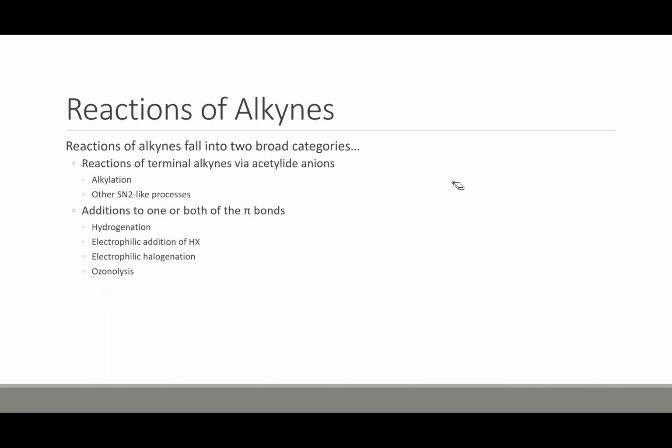So these terminal alkynes have a little bit of special chemistry, and in particular via the acetylide anions. Now, acetylide is just a carbon-carbon triple bond that has lost one of its hydrogens, making it an ion.